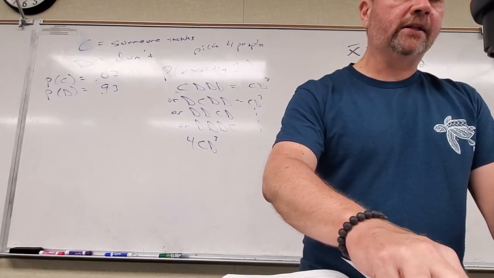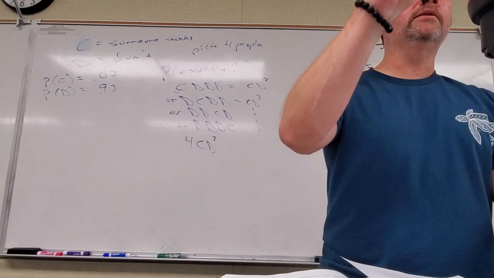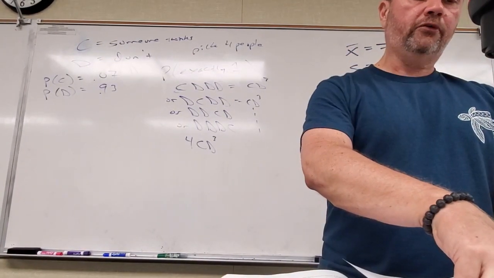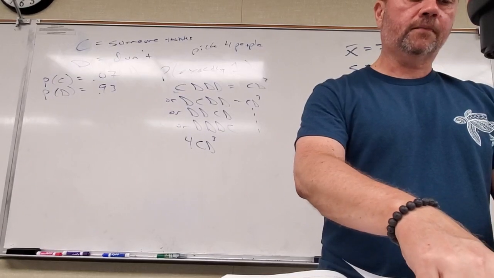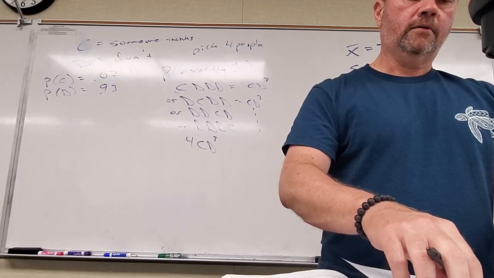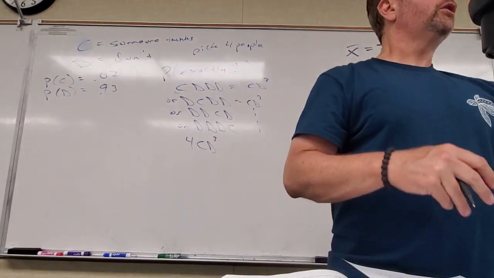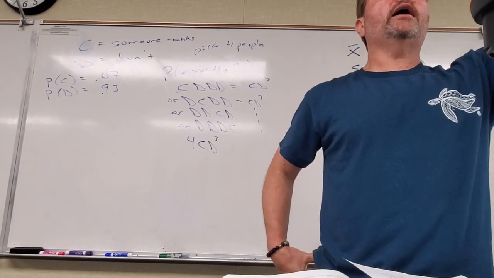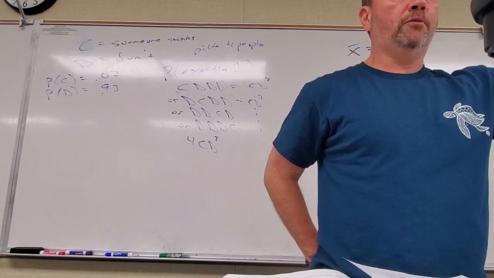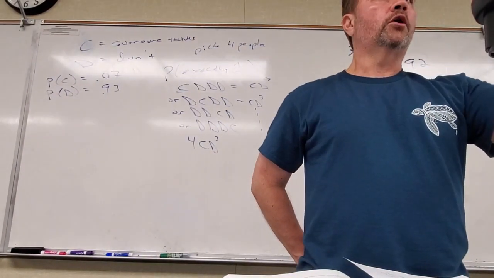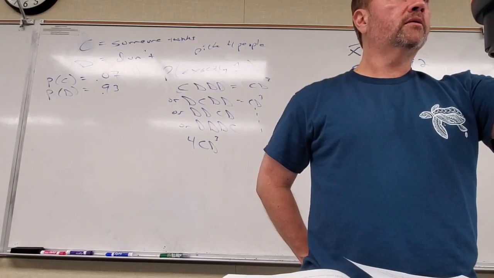Let's do one more, because this is one of your homework problems if I remember correctly. Among 18 to 39-year-olds, the approval rating was 78%. So what do you know about the person from that sentence? Don't we know something about the person we're talking about?